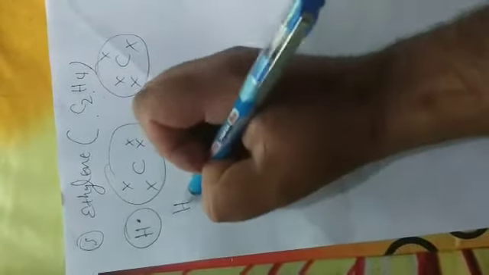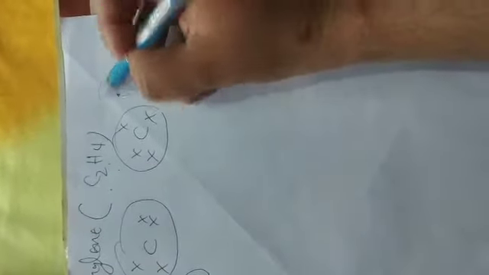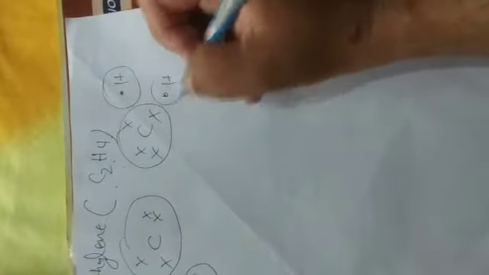C has 4 electrons, and the other C also has 4 electrons, and hydrogen has only 1 electron. 4 hydrogens are represented like this.